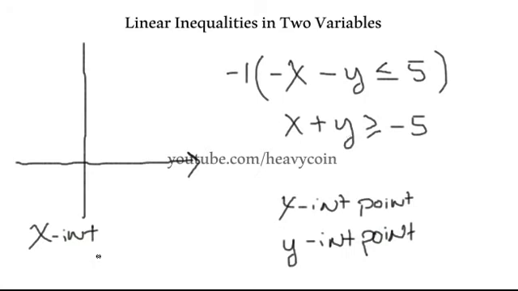So this is going to be x plus 0 is greater than or equal to -5. But now just forget about the inequality here, pretend this is an equal sign. So x is -5. So our x-intercept point, x is going to be equal to -5 when y is 0. We plug 0 in here for y, and x is -5.